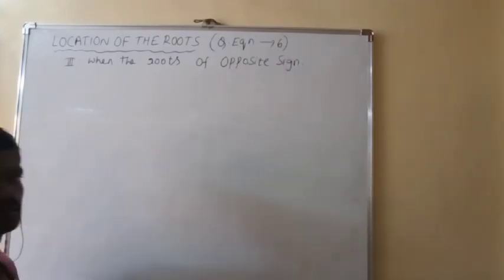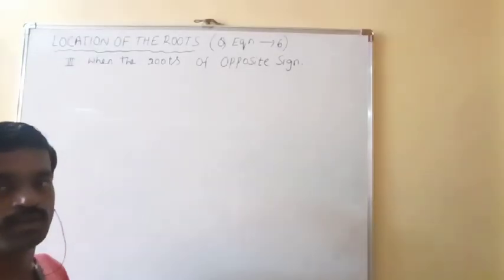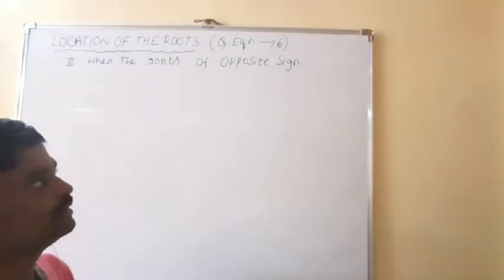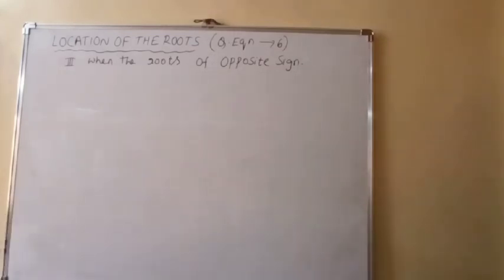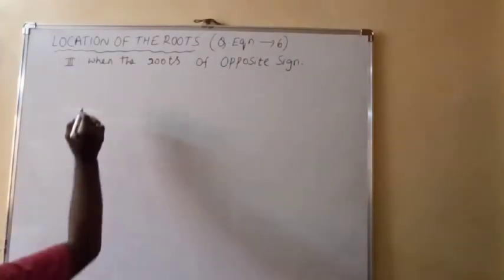Opposite sign means one root should be positive and the other root should be negative. That means one is less than 0 and another one is greater than 0.